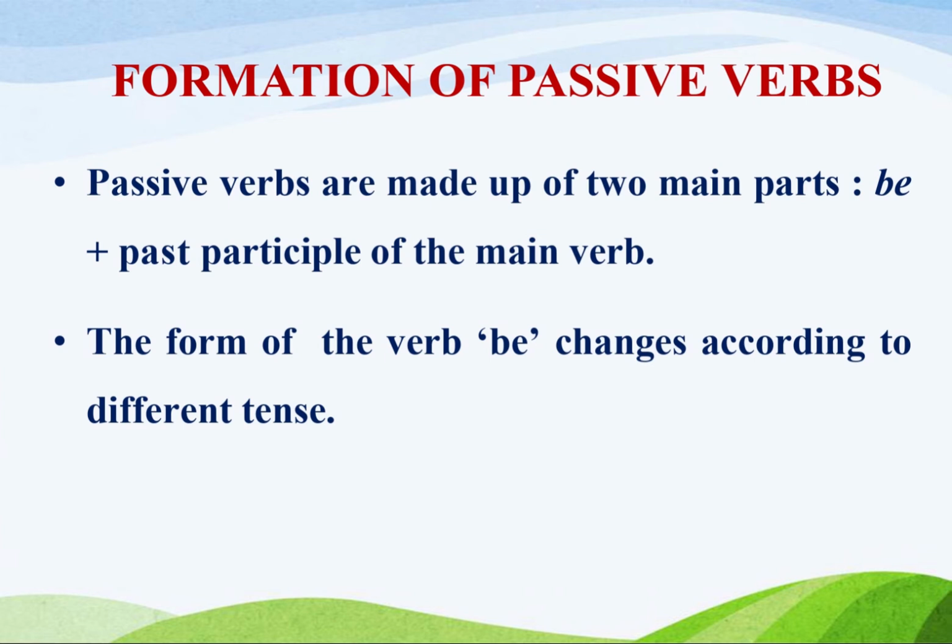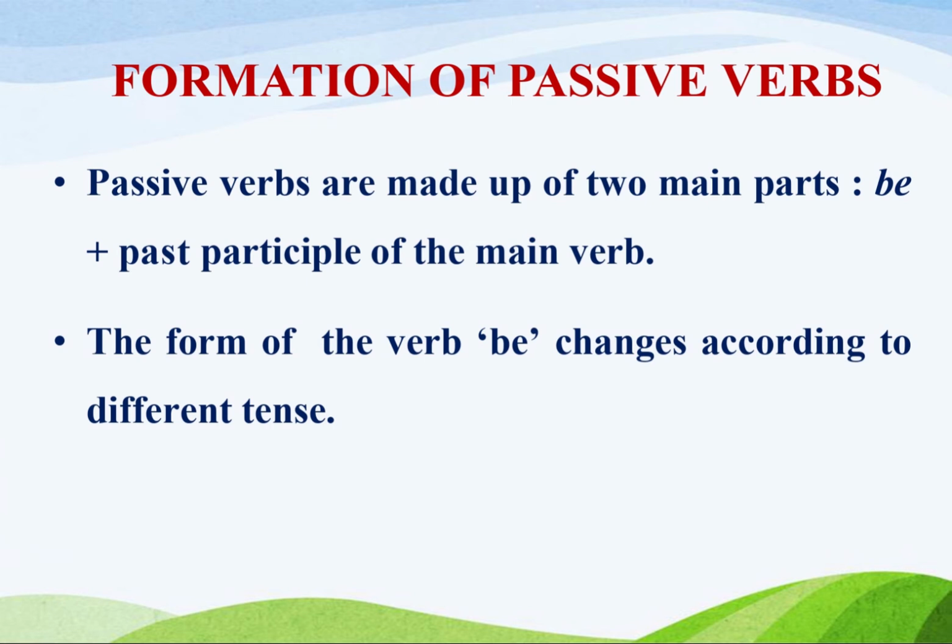Dear students, the most important thing we have to take care of while going from active to passive form is that we have to take care of two verbs at the same time. The first is the be form of the verb, that is the helping verbs, plus the third form of the main verb.